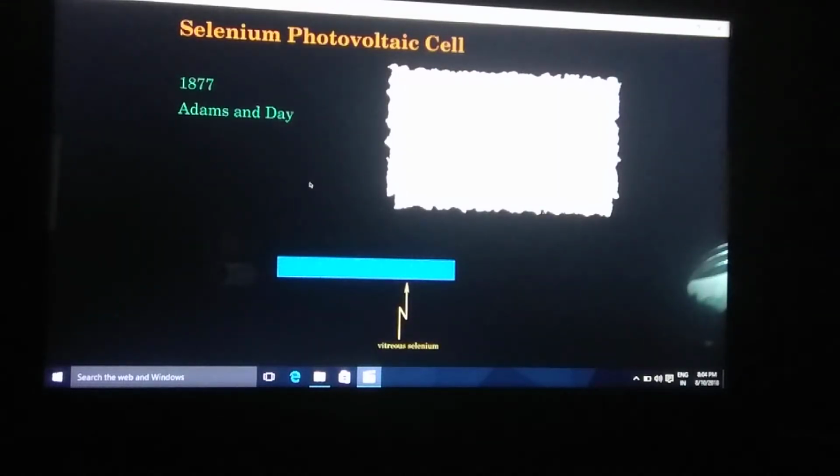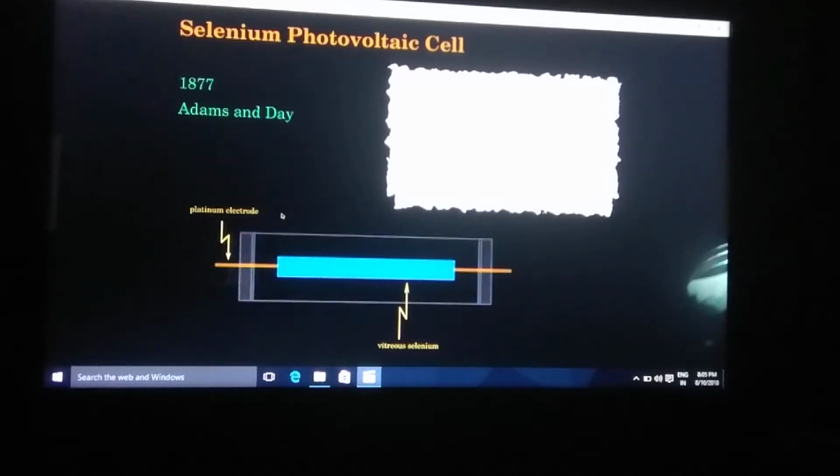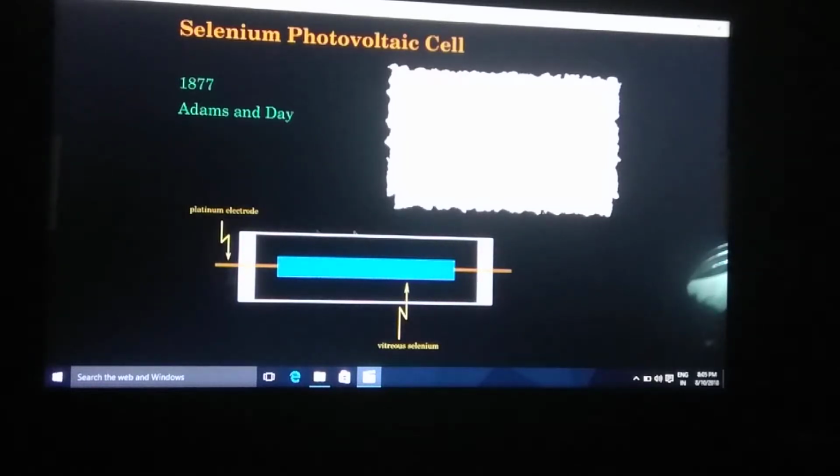They used vitreous selenium, and to that the platinum electrodes were attached. It was encased in a glass tube, and the light was made to be incident on the selenium through the glass tube, and they observed the current flowing through the electrodes and the external circuit. So this was the selenium photovoltaic cell.